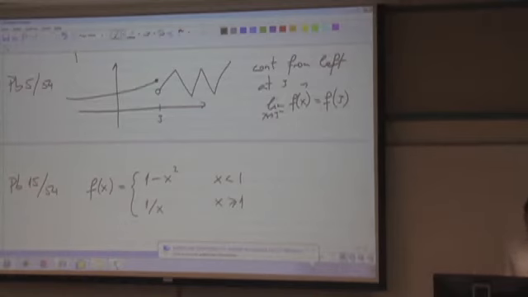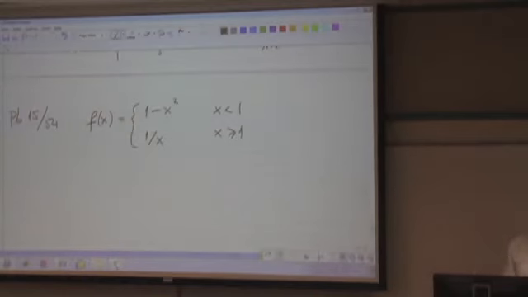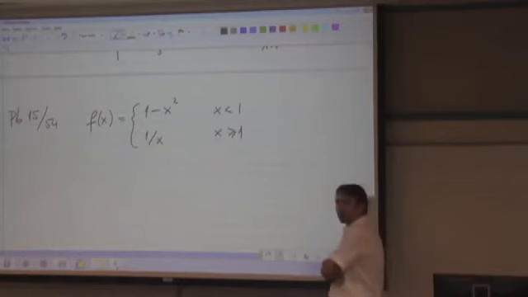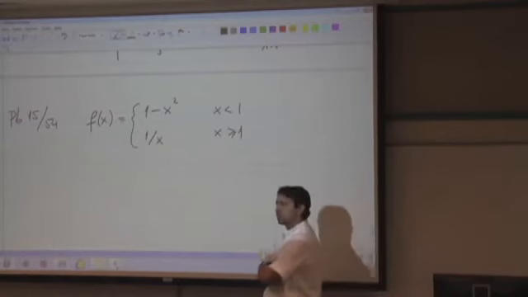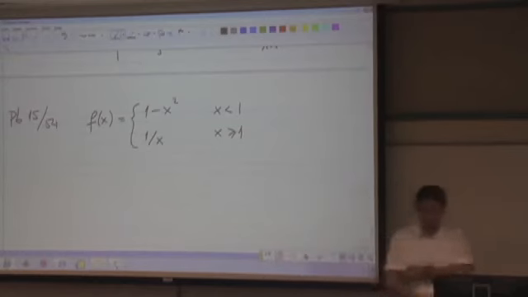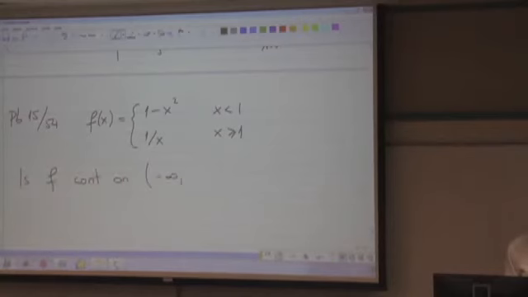So, how do we figure things out? First of all, I should point out one thing. Is this function continuous before 1? So, is f continuous on minus infinity to 1? No. Why no?